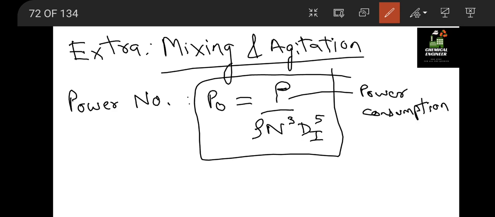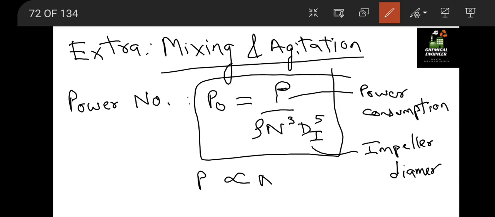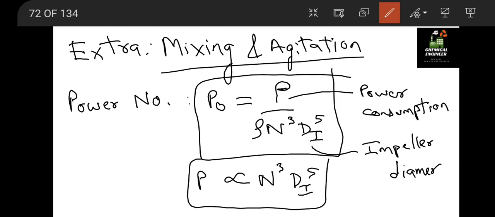Rho is the fluid density, di is the impeller diameter. So generally what it shows is power is directly proportional to n cube di raised to 5. N is the RPM.